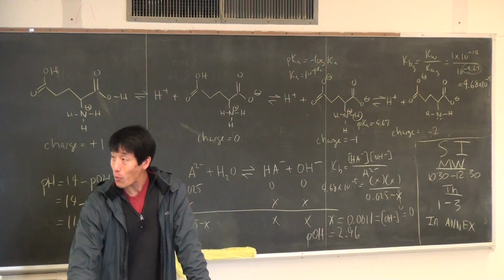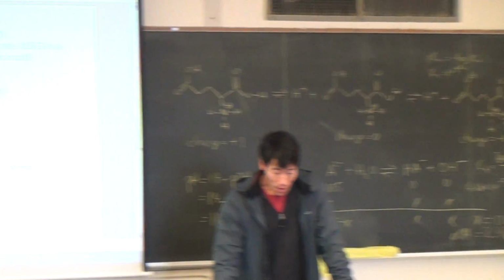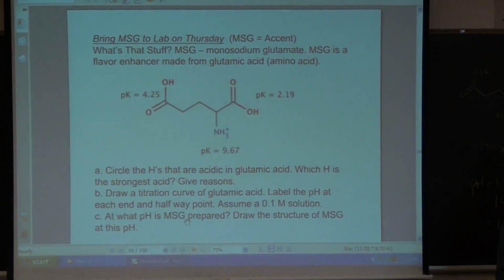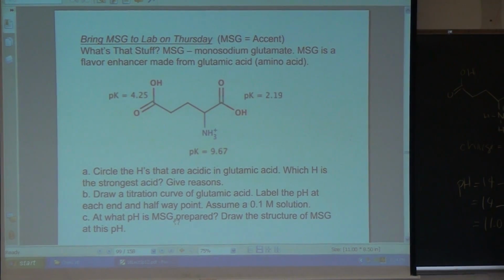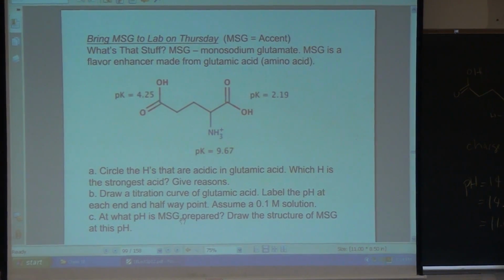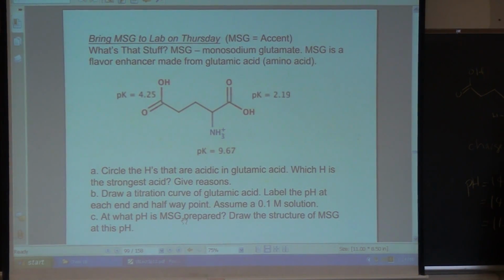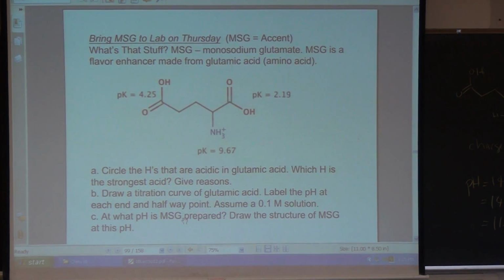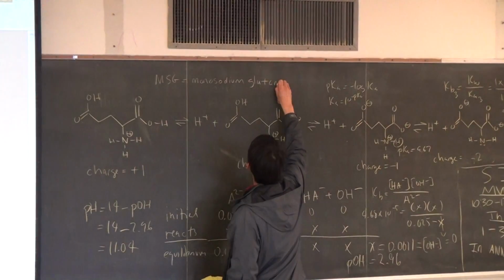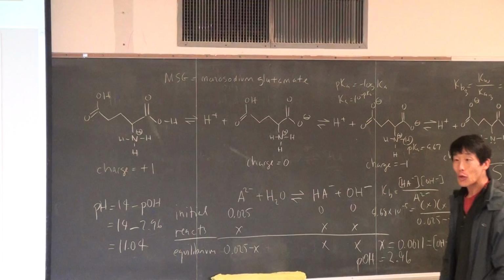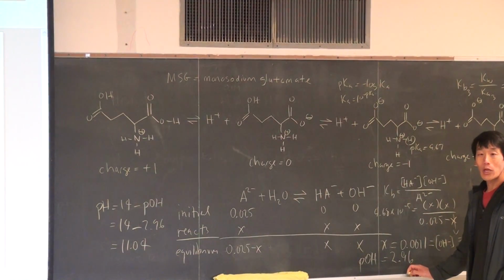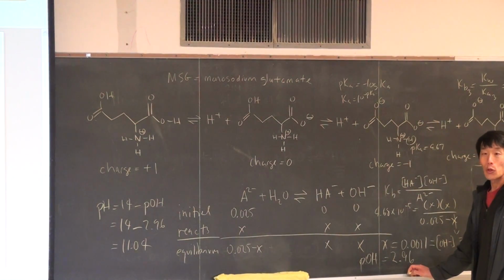Okay, so let's go to part C. At what pH is MSG prepared? MSG is monosodium glutamate. Mono means one, so there's one sodium ion for the glutamate.